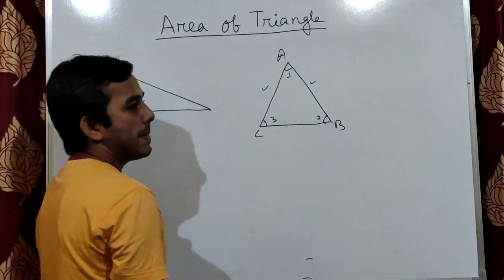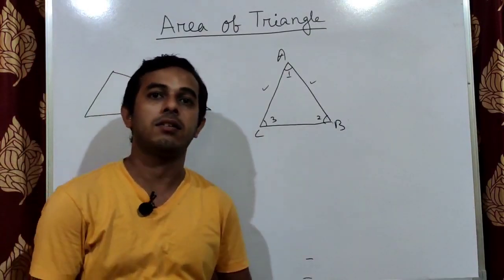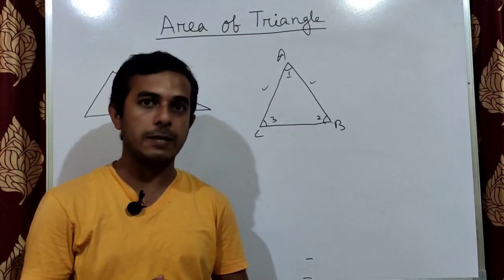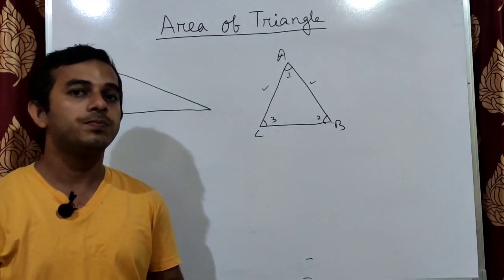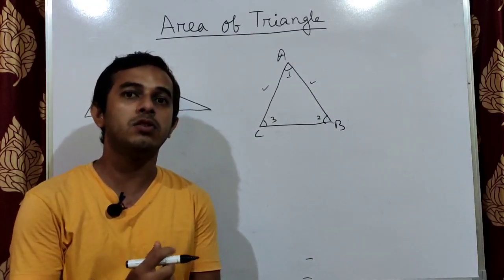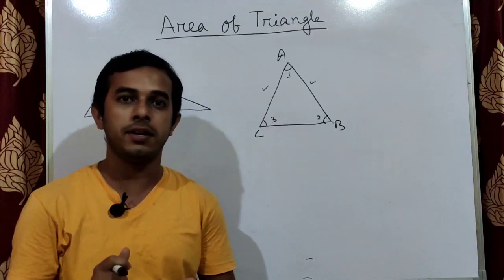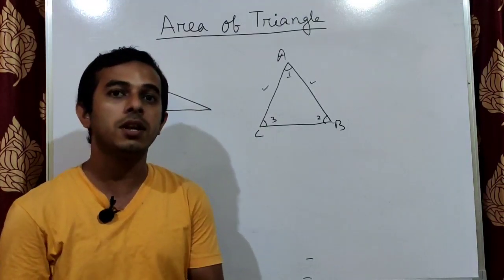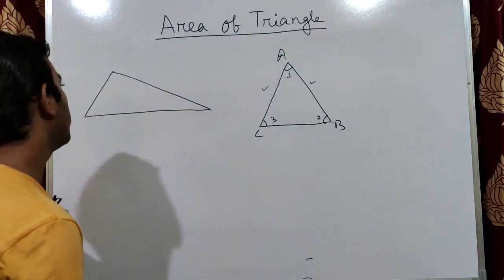Clear? Another is the scalene triangle, in which all sides are different and all angles are also different. Now the sum of the angles of a triangle is 180 degrees. Can you say in an equilateral triangle each angle will be how much? This is your homework.